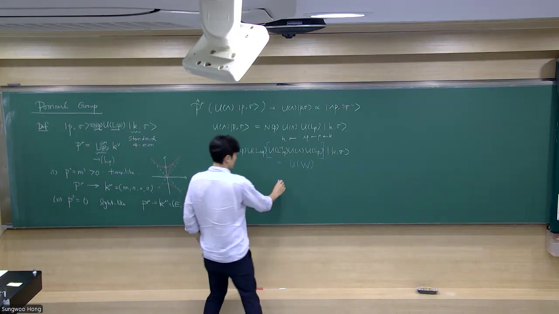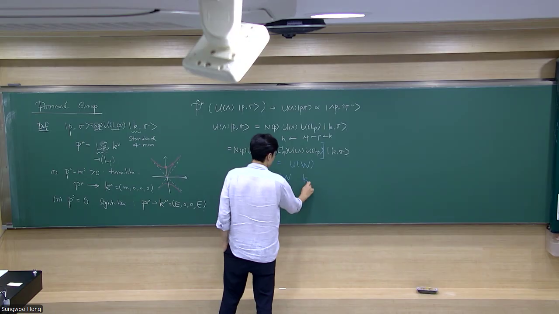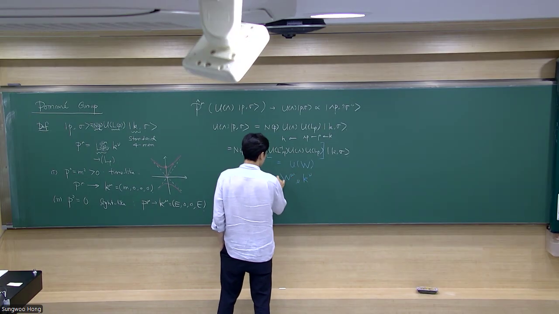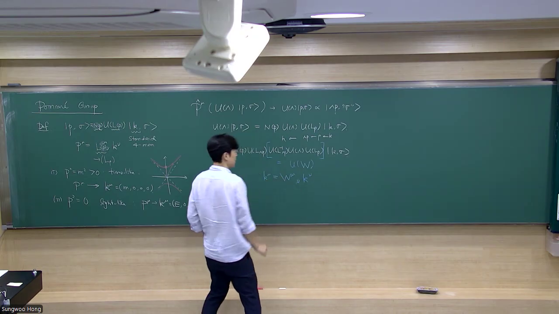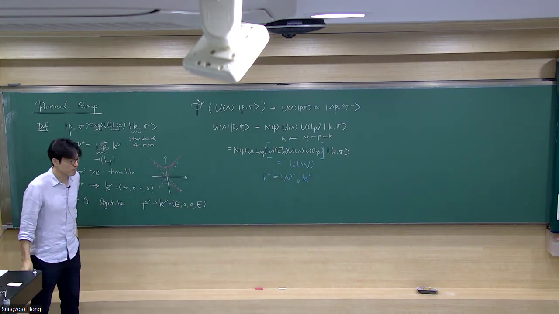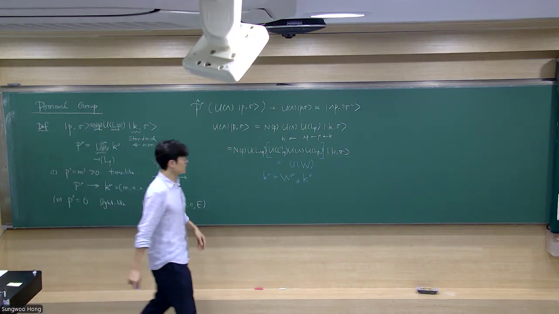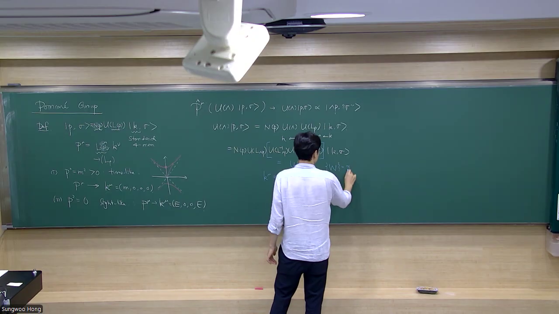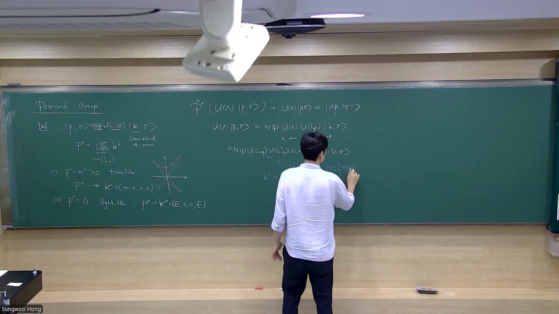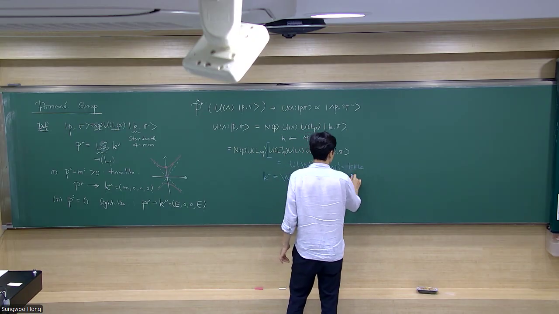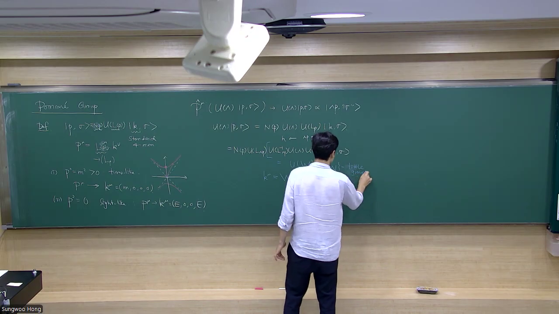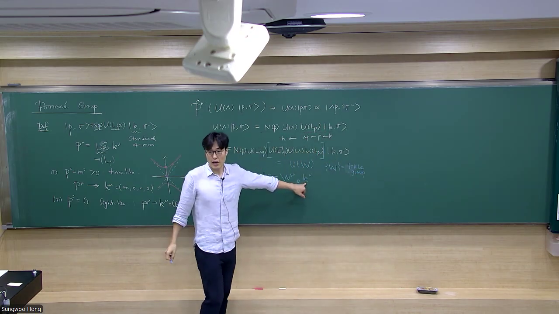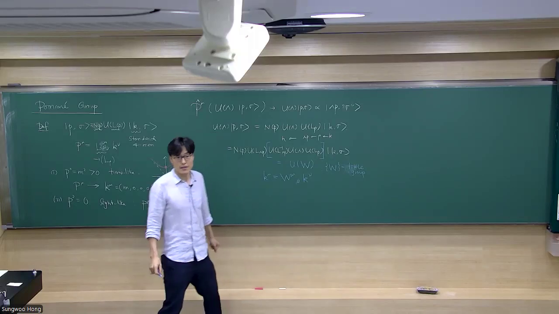So by definition, this little group takes a certain momentum, and then it transforms, but it brings it back to itself. So it doesn't change it. So this set of such transformation is a form of subgroup. In particular, it's called a little group for a choice of k. Okay? So little group for k.